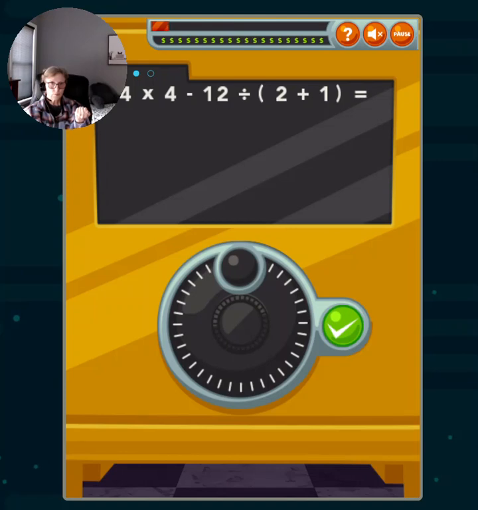So let's see what happens here if I try to subtract, or even just, let's try 4 times 4 first and see if it lets me do that. Nope, it won't let me turn. It was going to let me do it. I can put 16 in.